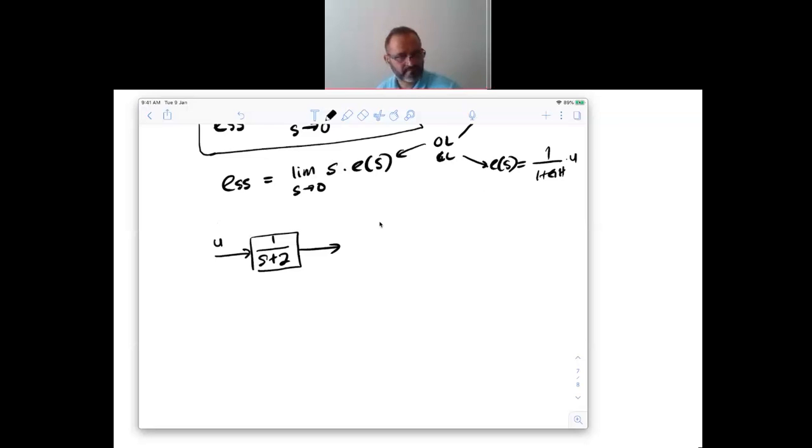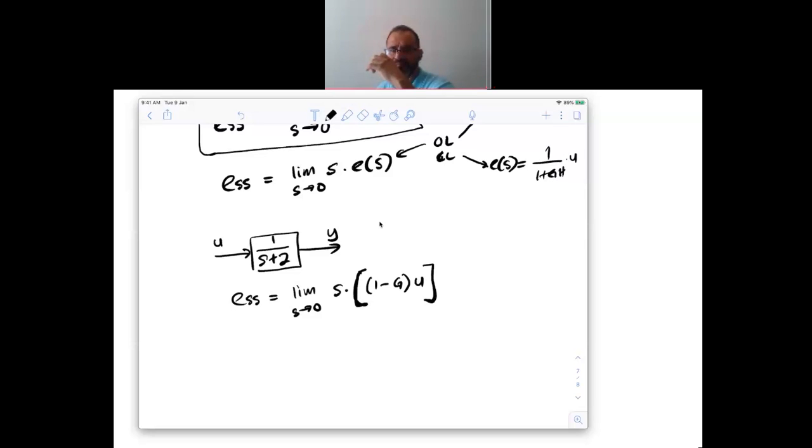But this time around, we want to check whether the system has error or not. So not stability, but error. Let's say this is the system. Normally you put ess equals the limit as s goes to 0 of s multiplied by E(s). In this case, because it's open loop, E(s) will be 1 minus G multiplied by U. You need to give input to the system.